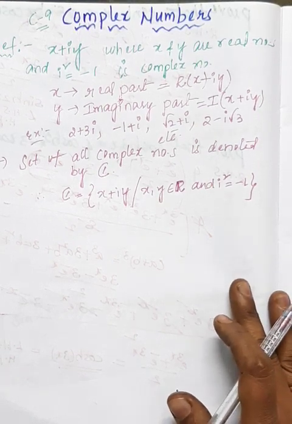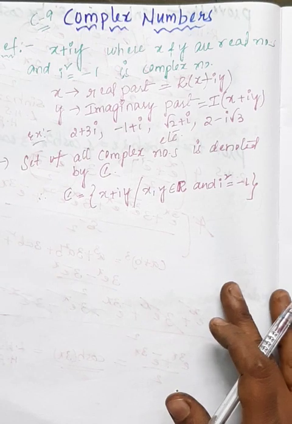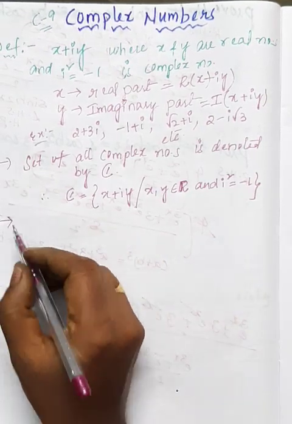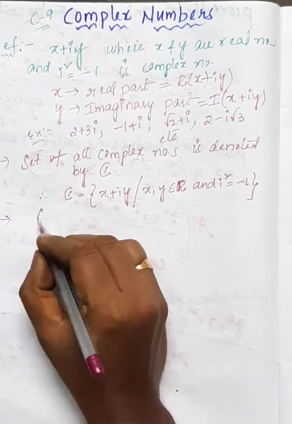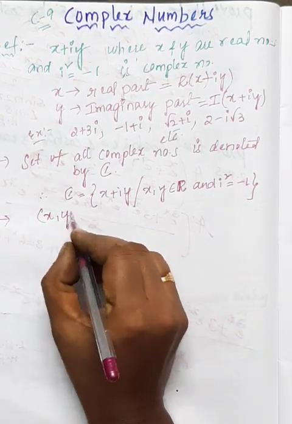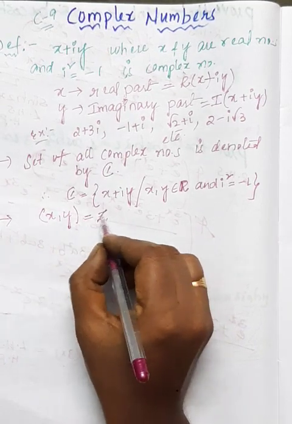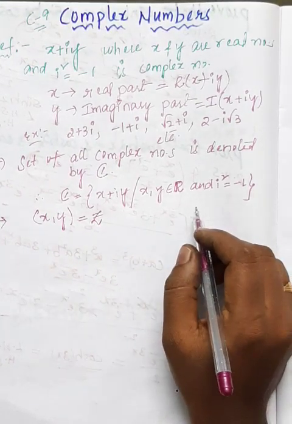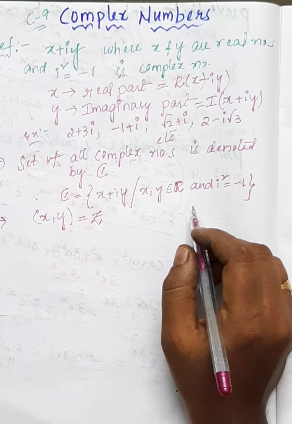A complex number may also be defined as an ordered pair of real numbers, denoted by the symbol x comma y, and it is equal to z. Every complex number is denoted with the letter z. Here x is called the real part and y is called the imaginary part.